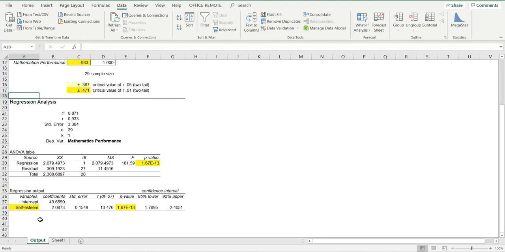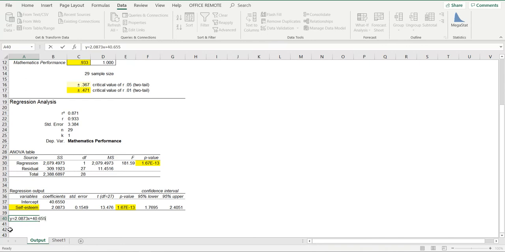The coefficient is 2.0873. In this case, we can now create a mathematical model that will explain the mathematics performance. So we can have y equals 2.0873 times our x, which is our independent variable, plus the intercept, which is 40.655.